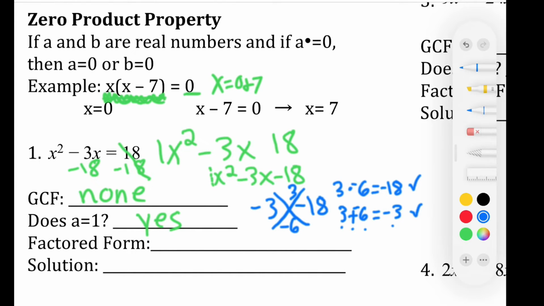Did we slide our A, or did we do anything extra in this problem? No, we did not slide, so we are not using the slide and divide method. So our factored form is simply the two parentheses, with the variable that we are factoring, which is x. Our first magic number is positive 3. Our second magic number is negative 6. So this is from lesson 2.